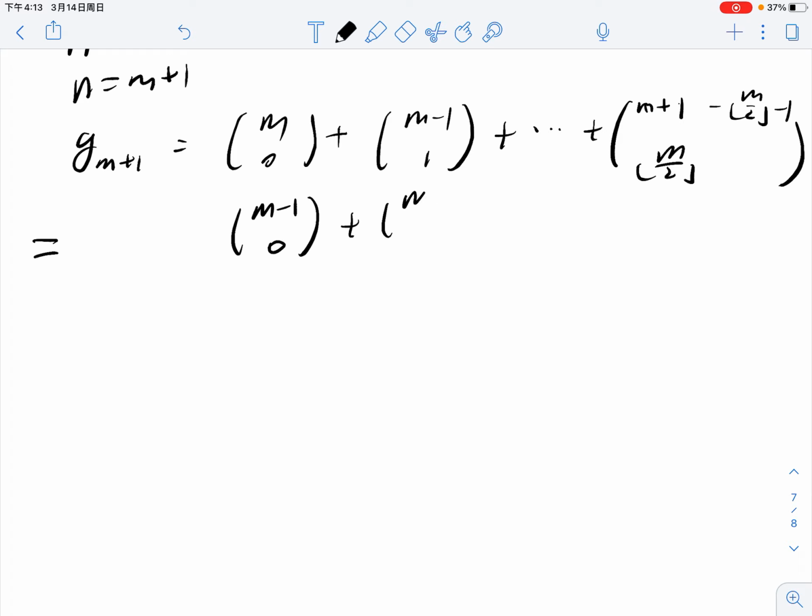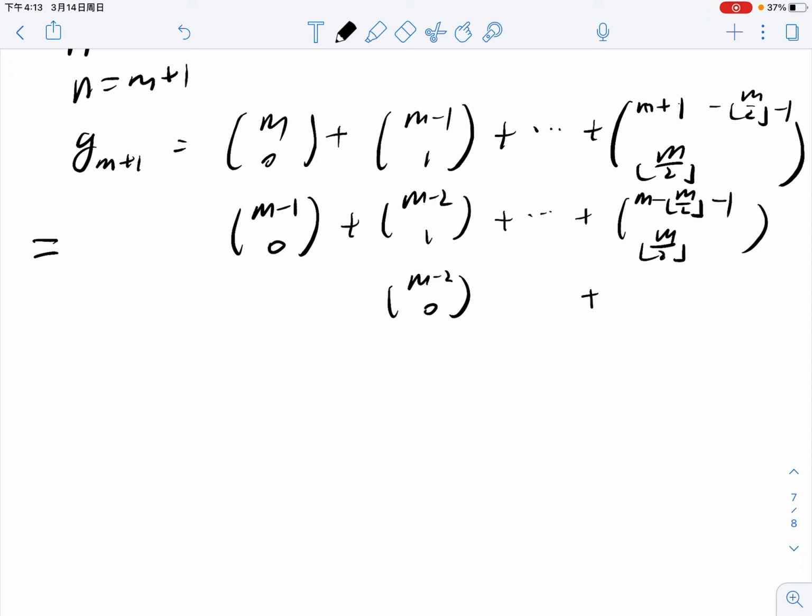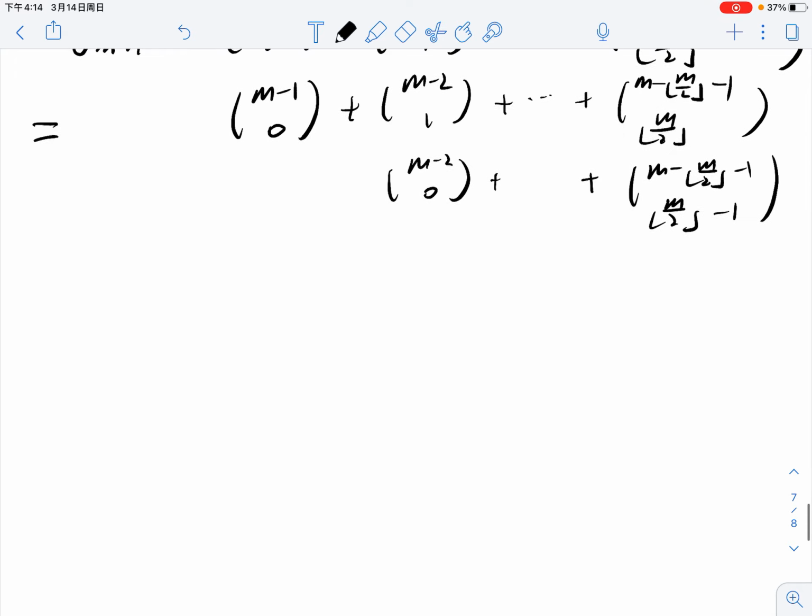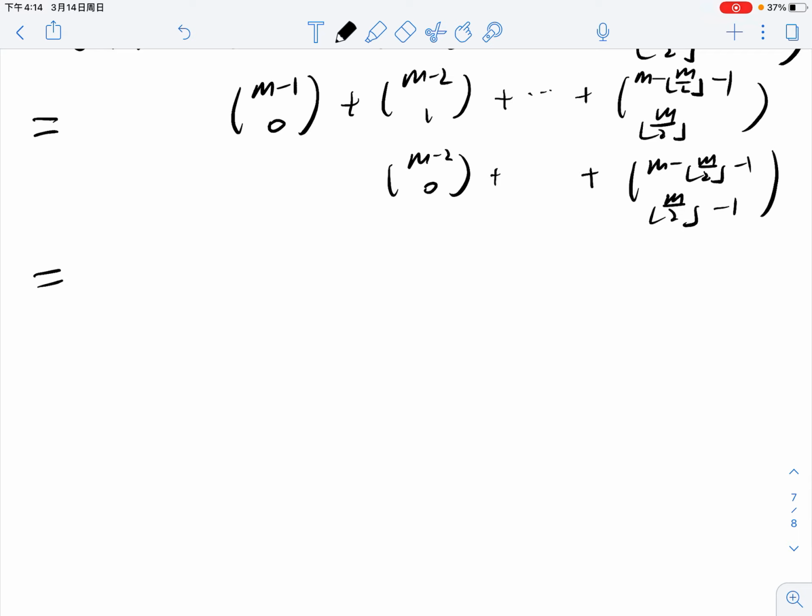And then you have m minus 2 choose 1, m minus 2 choose 0, and so on, all the way down to m minus floor of m over 2 choose floor of m over 2 minus 1, plus m minus floor of m over 2 minus 1 choose floor of m over 2 minus 1.